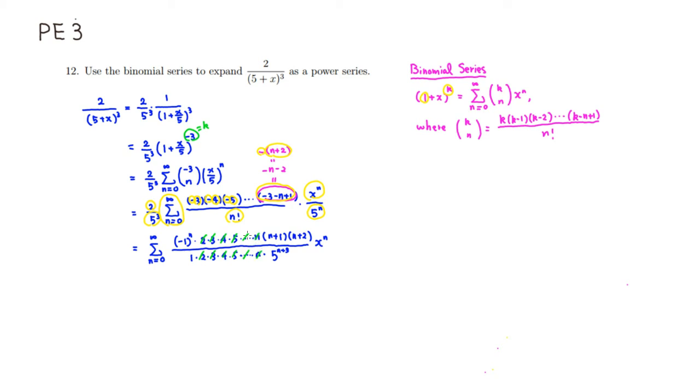What's left is the summation from n equals 0 to infinity of negative 1 to the nth power, with n plus 1 and n plus 2 on top, then 5 to the n plus 3, then x to the nth power.